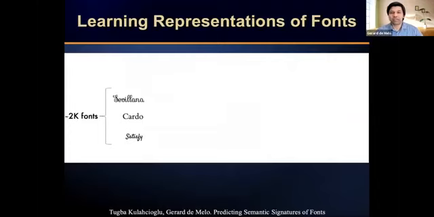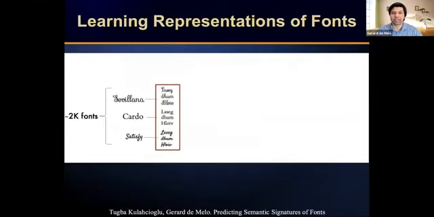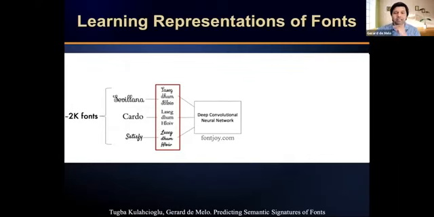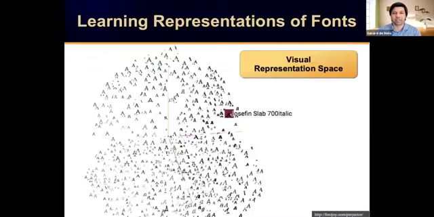One thing you can do is take every font and render a small little image based on just using that font. And now once you have an image for every font, then you can just plug it into a convolutional neural network. What you get out of that, if you take some of the last layers, is a vector representation.